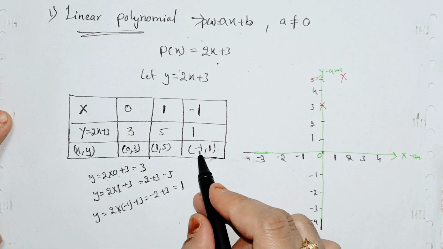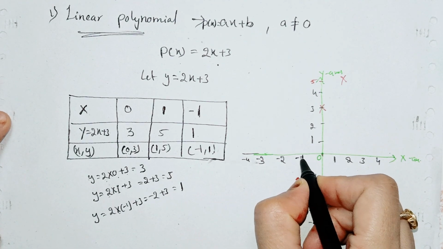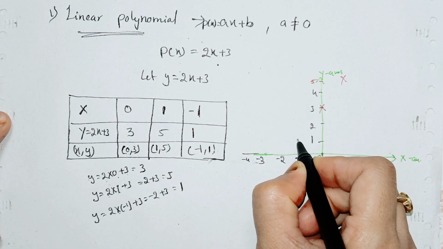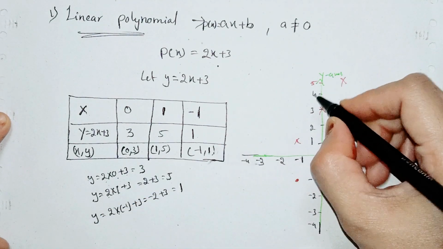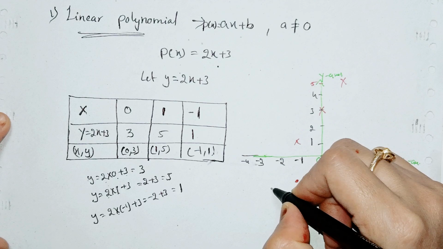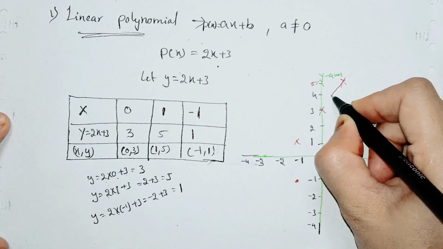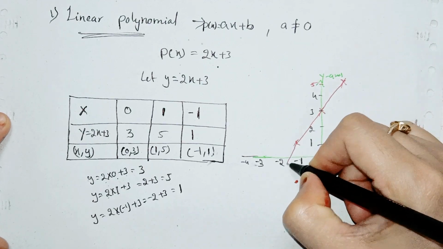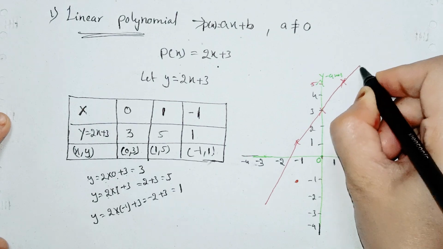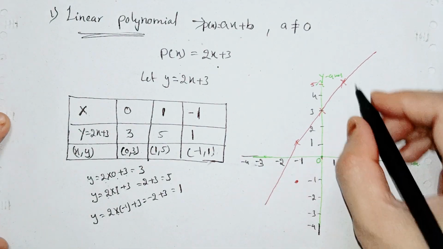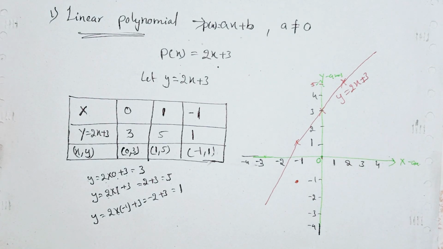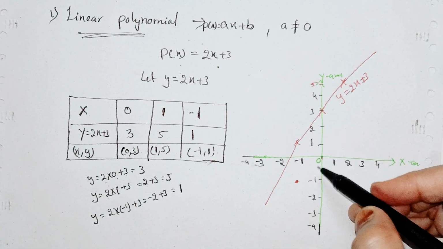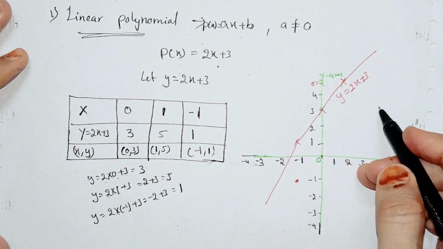And the third point is minus 1 comma 1. So this is minus 1 and this is 1, so our point is here. If I join these 3 points, this is the graph of y equal to 2x plus 3.